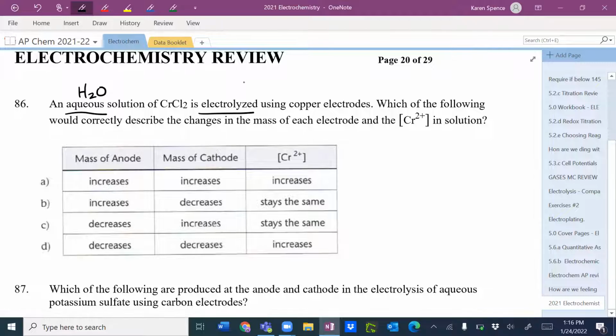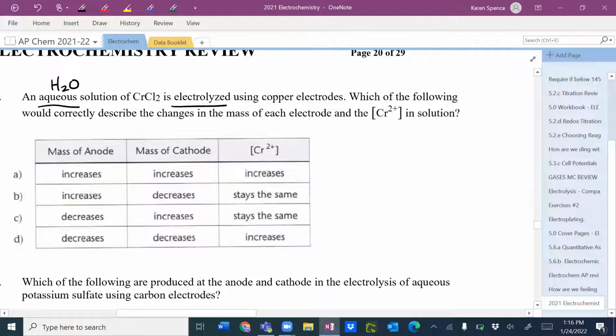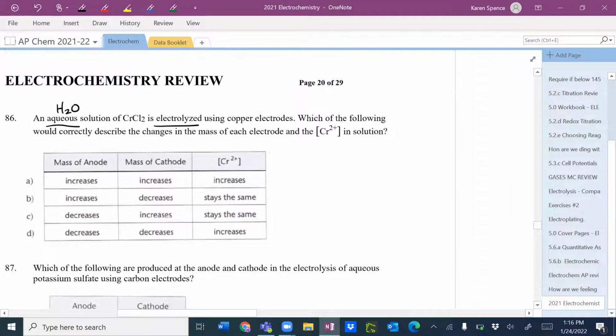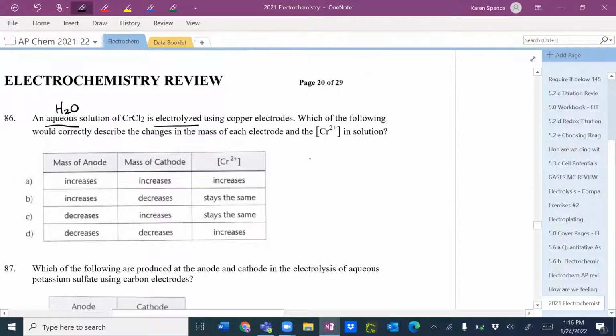Okay, and we have copper electrodes. So I have in my beaker, I have Cr2+, I have Cl minus, I have water, and I have copper electrodes.